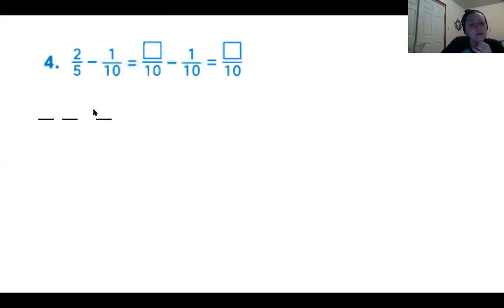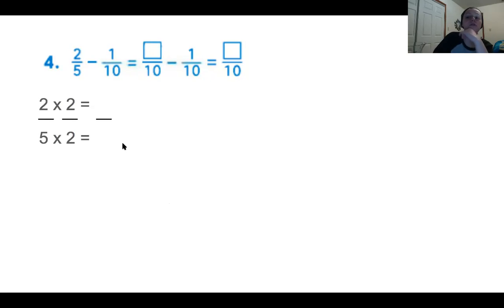As we can see by how they rewrote it, we already know that our common denominator is going to be 10. We know that 5 fits into 10. So our first step is going to be to figure out what goes here when we make the denominator 10.